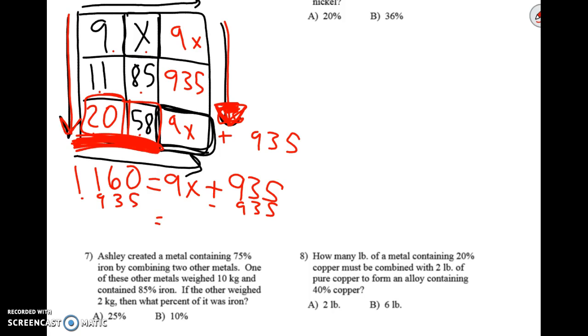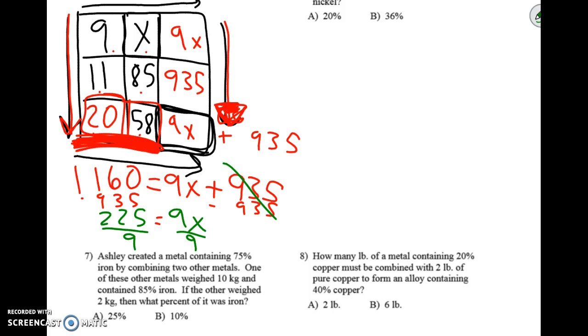That will cancel. I'm going to do that in green. That will cancel. 9x is going to equal, let's see, 1160 minus 935. 225. Yay! Okay, divide by 9.